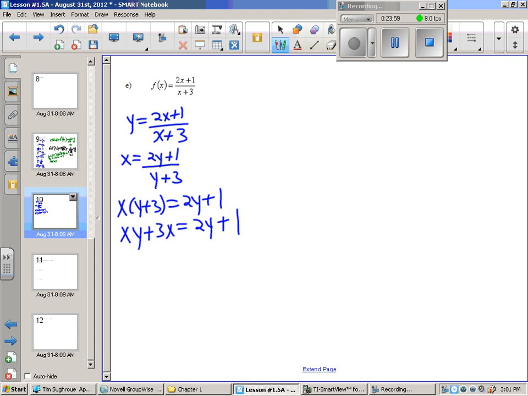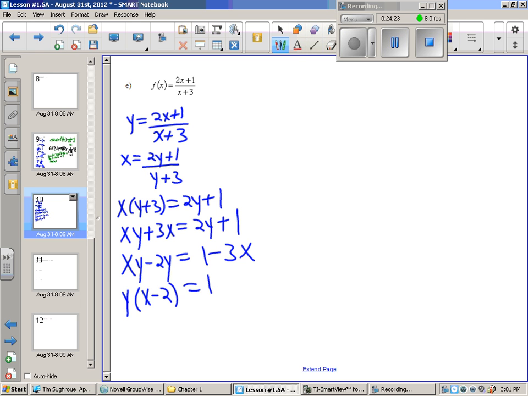So we get to this point, and we say to ourselves, we're trying to resolve for y. Well, let's get all the y's on one side. So let's subtract the 2y over here. Let's subtract the 3x over here. So any term involving a y comes to this side. Any term not involving a y goes to the other side. And then we can factor the y out front.